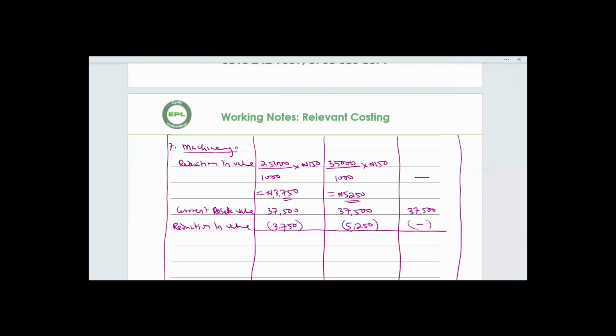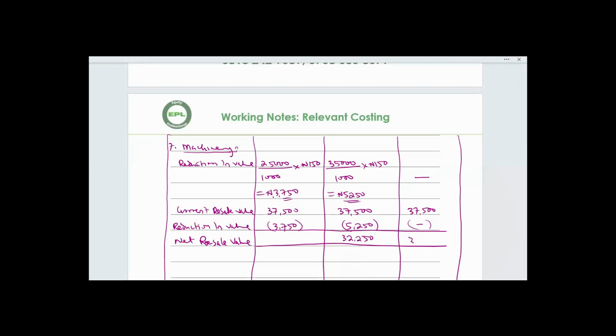Therefore, what do you have as the net sales value, or net resale value? Net resale value. So what do you have here? 37,500 minus 5,250 equal 32,250.